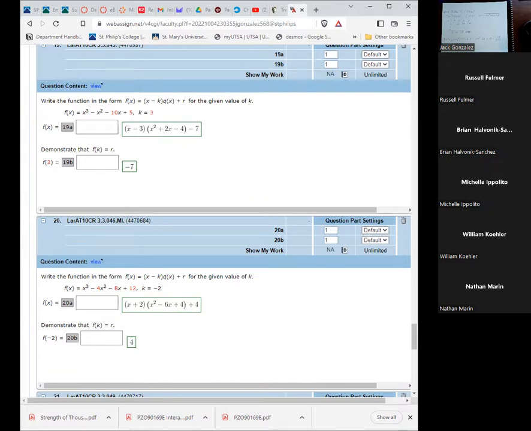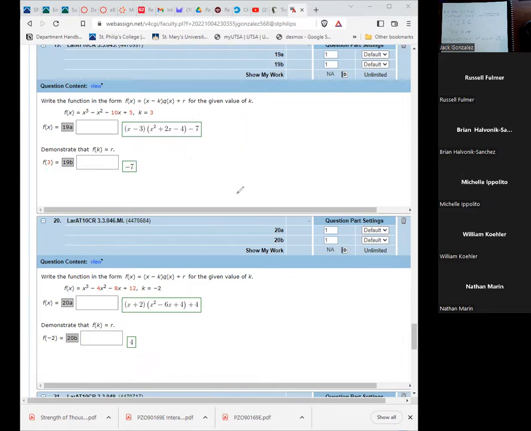So you would have your bar, and then you would have 3 here. So this is always your k. What does the k mean? K is this number here that you plug in, or you're going to use as your synthetic divisor.